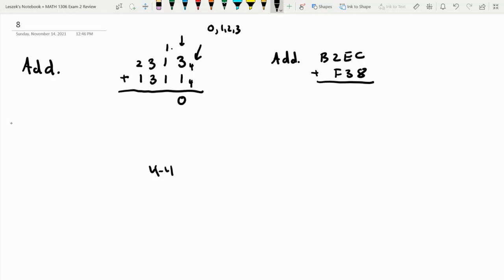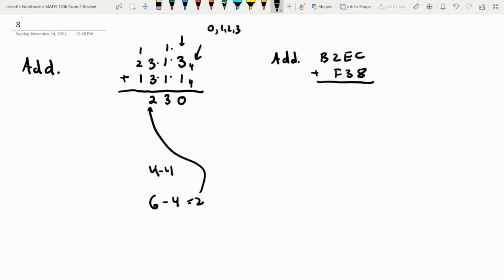Okay, so then we have 1 plus 1 plus 1 is 3, and that's less than our base, so we're good. Then we have 3 plus 3 is 6 in decimal, right? But since that's bigger than our base, we subtract the base value from that 6, and that's what we put over here, 2.